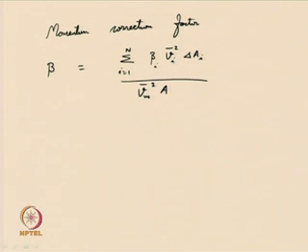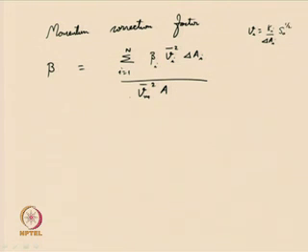So, you substitute V I equal to K I by del A I, S naught to the power of half.